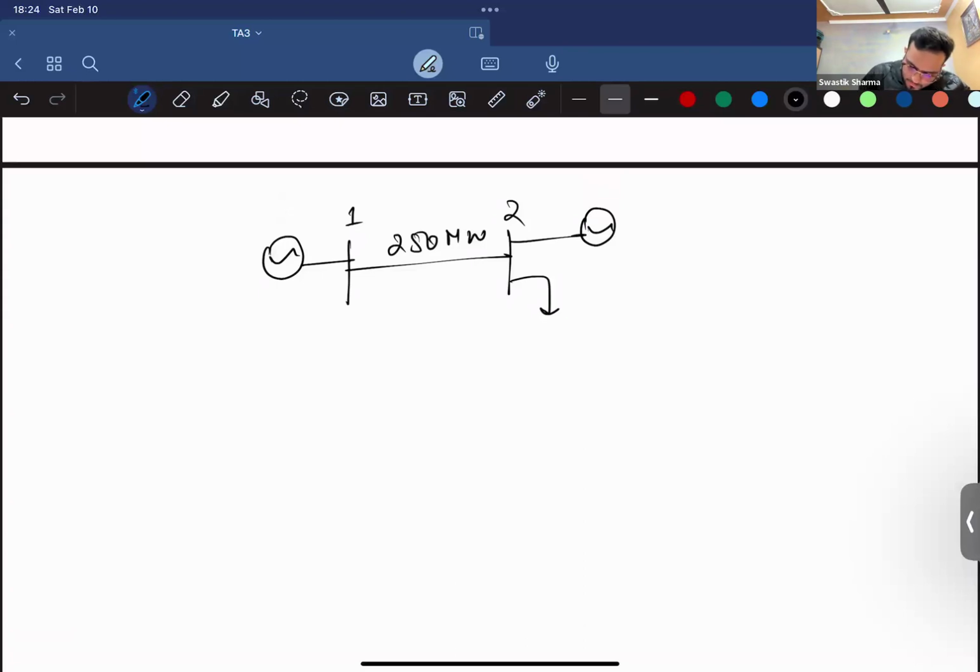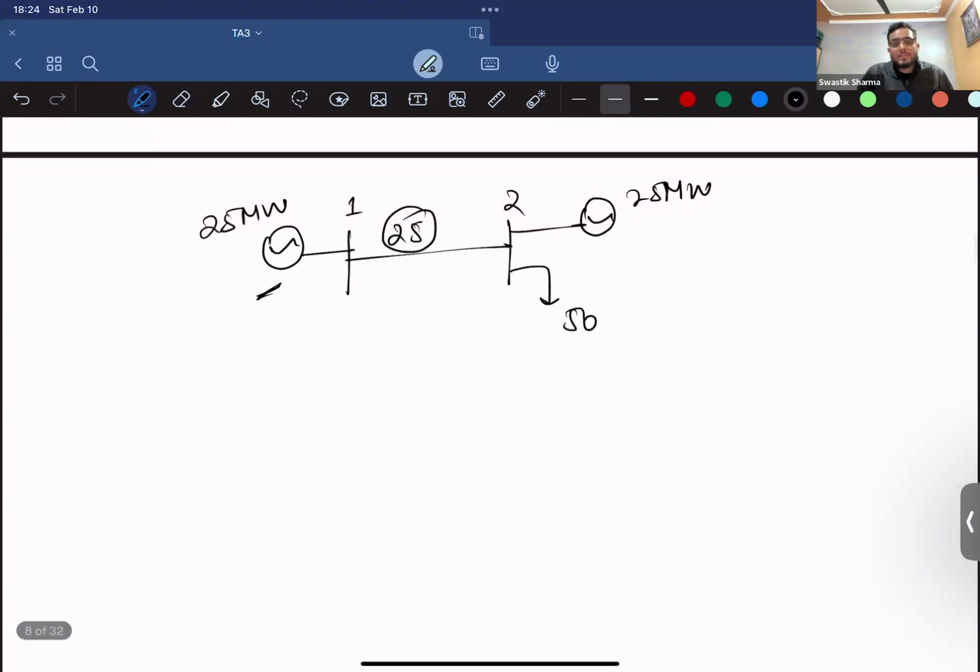So let's say it's generating 25 because load is only at bus two and its need is 50, and another 25 megawatt is coming from here. So the generator at bus one can only transfer 25 megawatt because the transmission capacity has a rating of 25 megawatt only for the load at bus two.